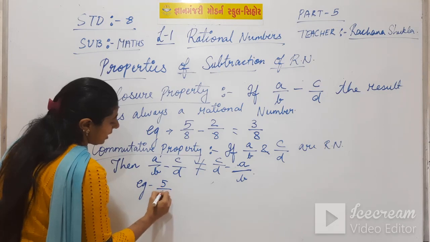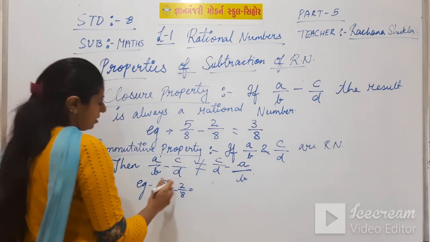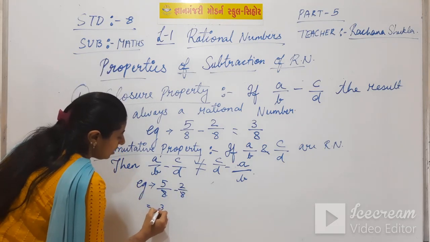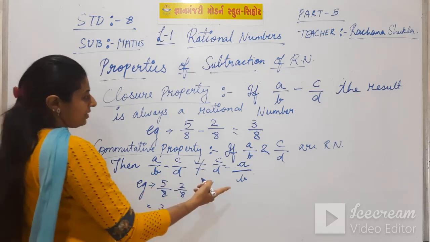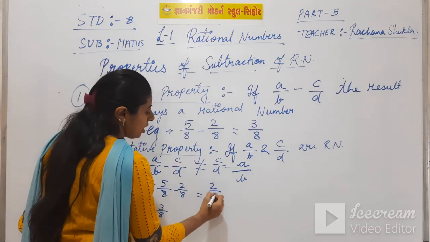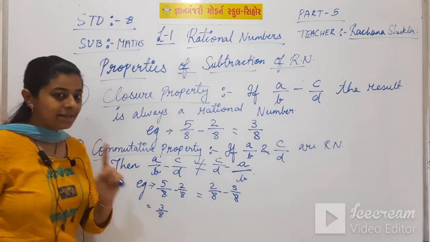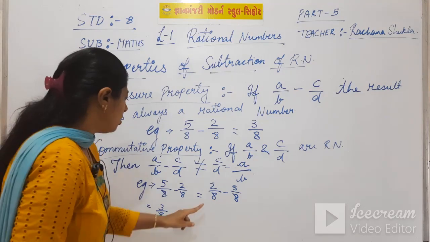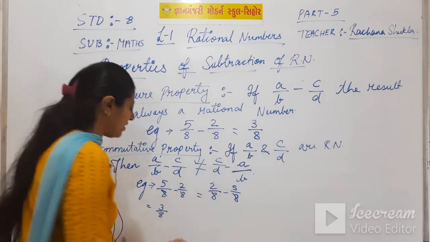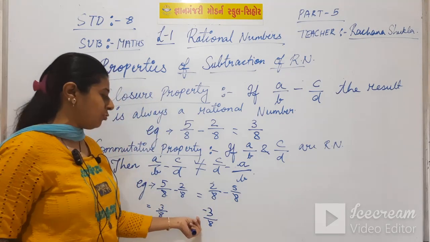Again, 5 upon 8 minus 2 upon 8. What will be the answer? You will get the answer 3 upon 8. And on this side, if you reverse the numbers, that is 2 upon 8 minus 5 upon 8, do you get the same answer? No. You will get 2 minus 5, which is 3 upon 8, but 3 is negative, minus 3.